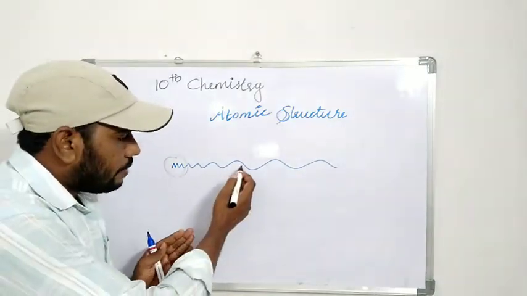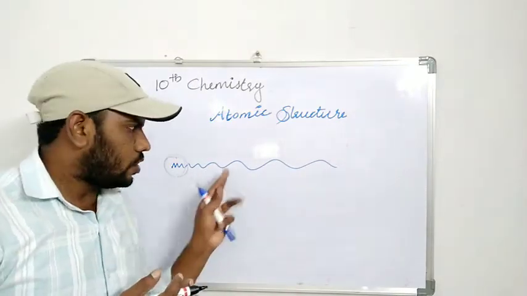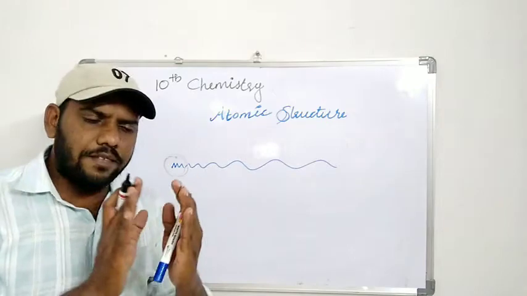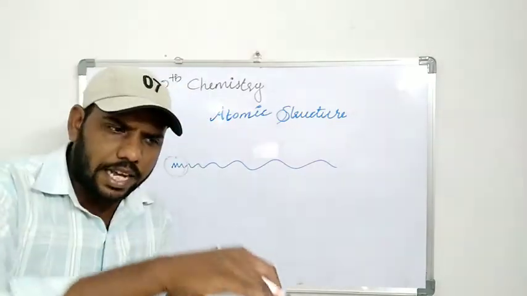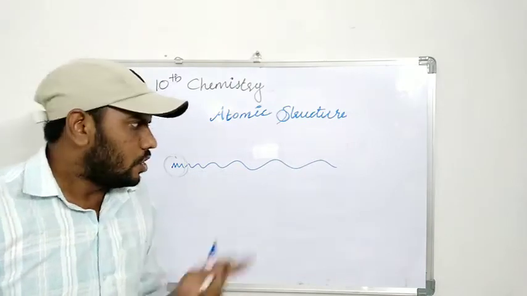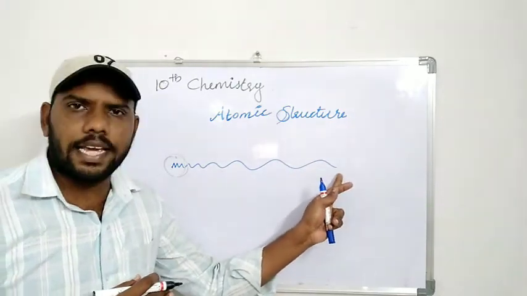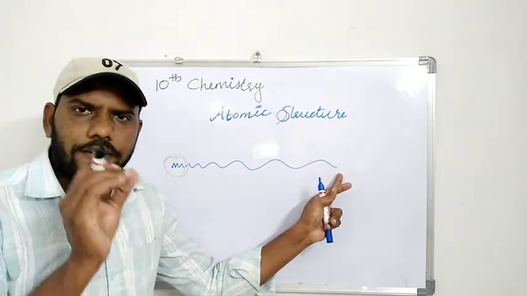Here a large number of vibrations do not take place, so the wavelength is slowly increasing. Wavelength is more but frequency is less. So here we understood longer wavelength, lower frequency.